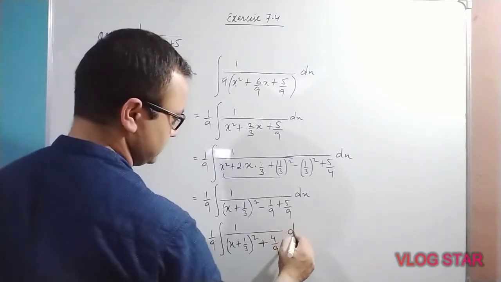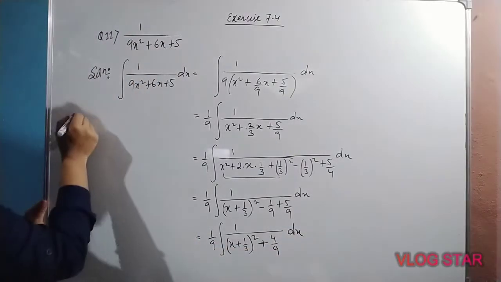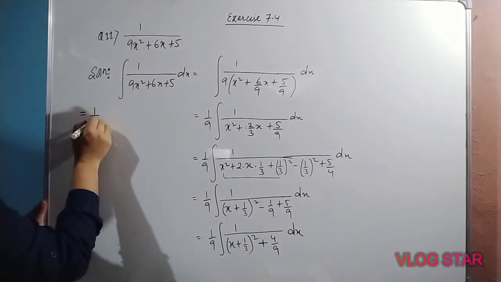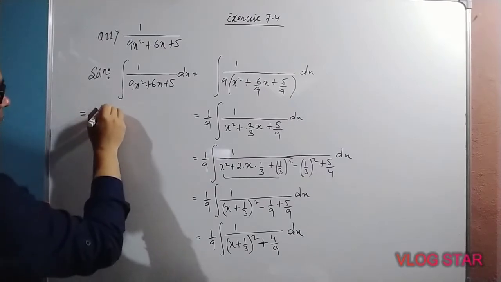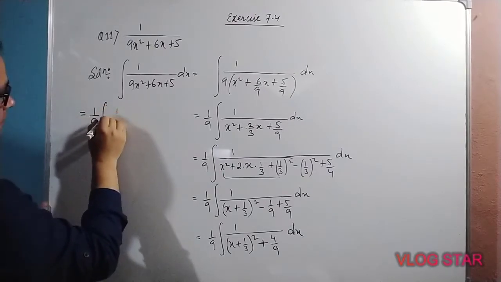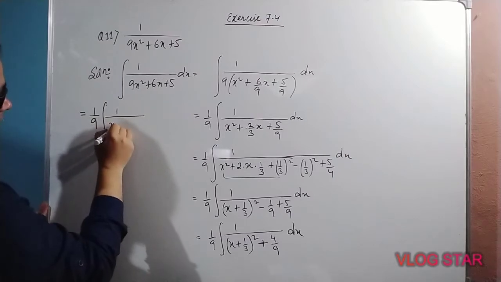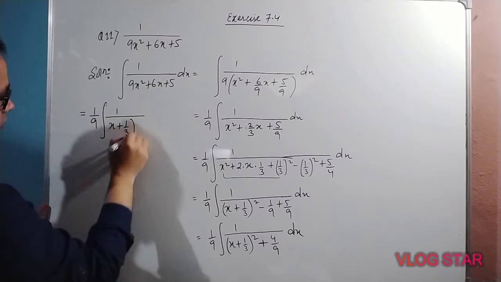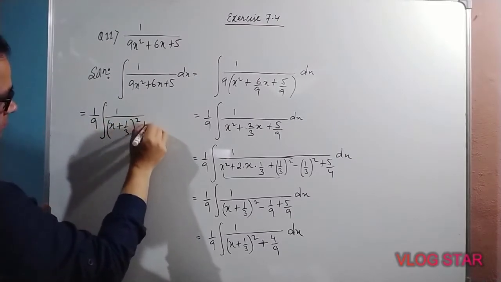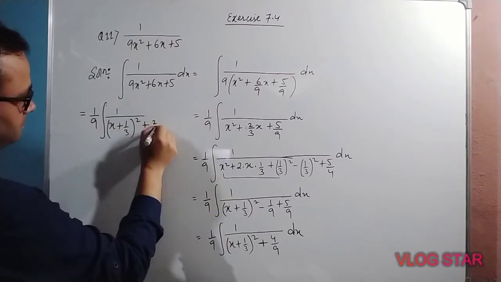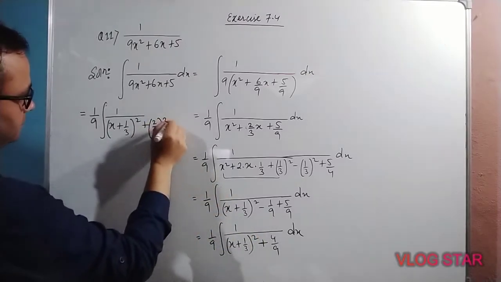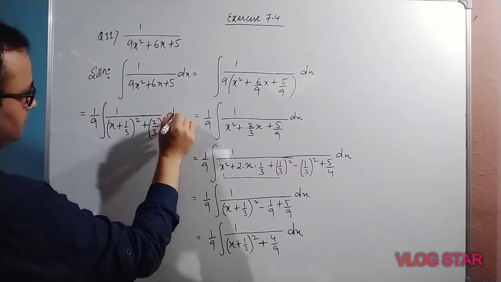So dx, this equals 1 by 9 integration of 1 by x plus 1 by 3 whole square plus 2 by 3 whole square dx.